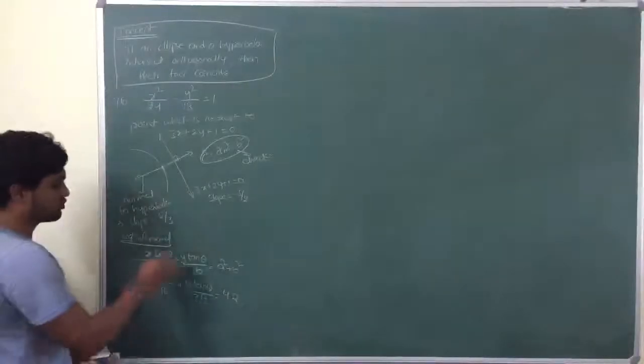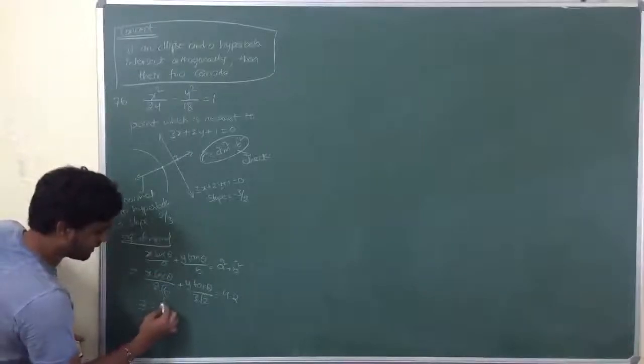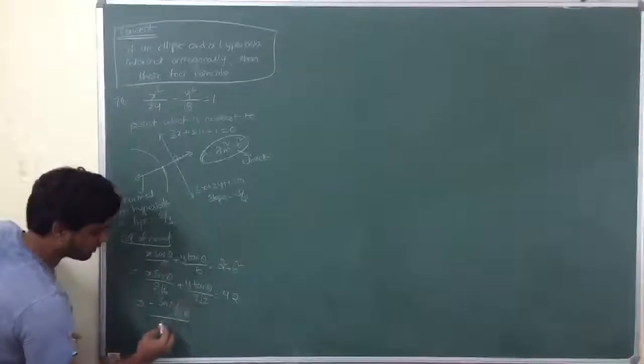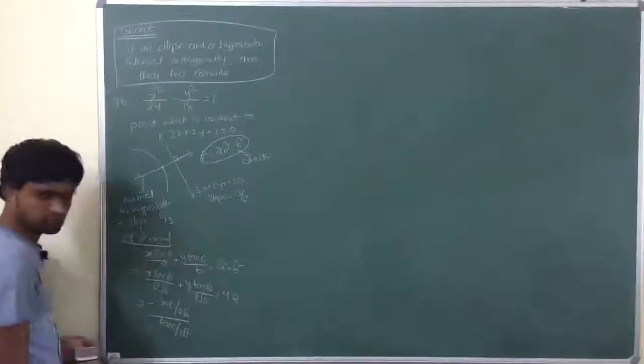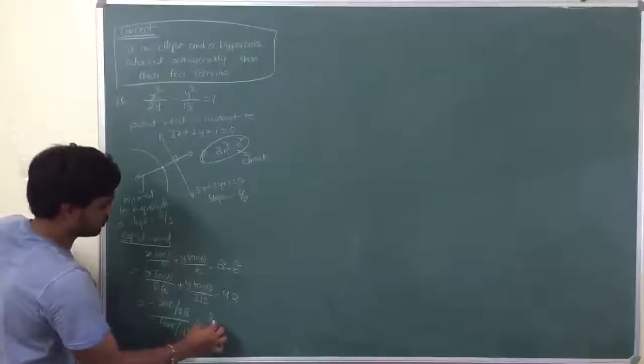Now slope is 2/3, which means minus secant theta by 2 root 6 whole upon tan theta by 3 root 2 is equal to 2 by 3.